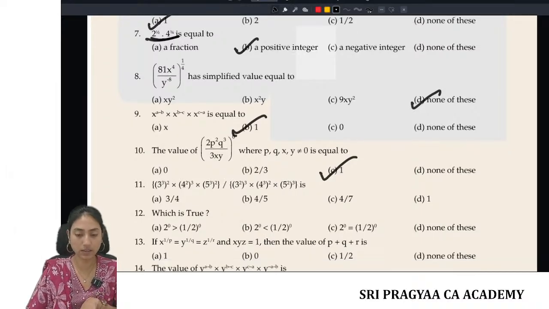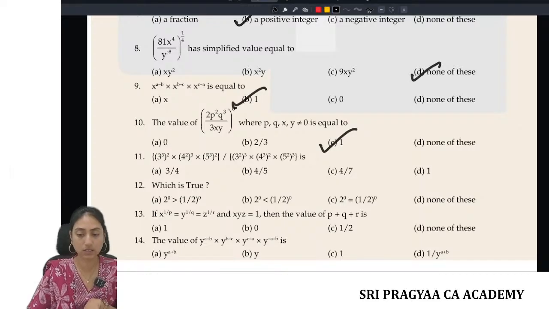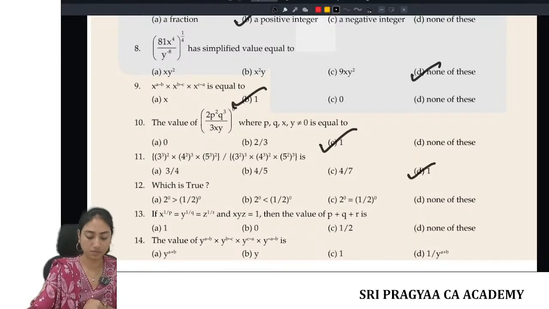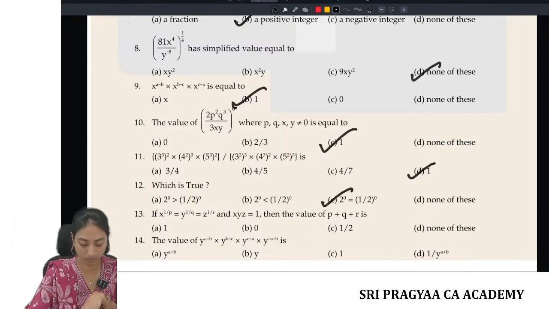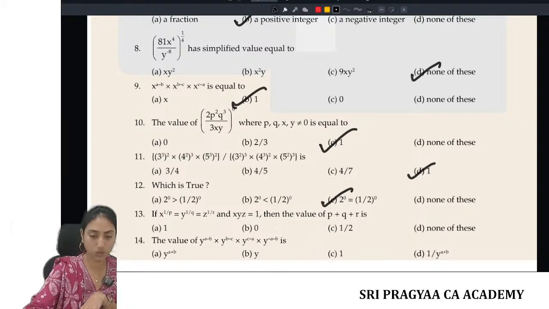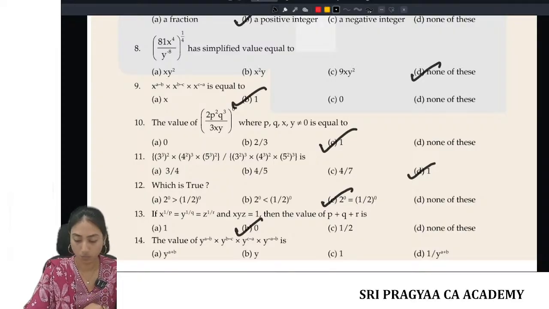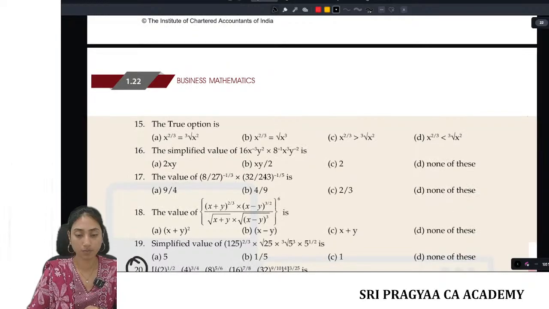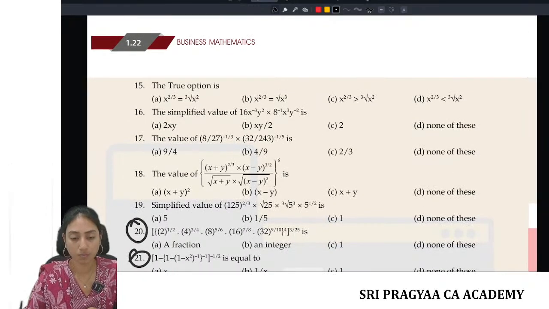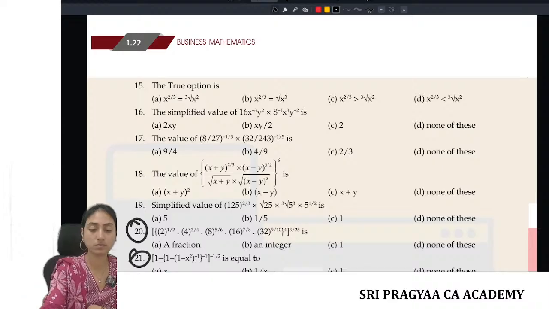Ten is right? 11 is? 0. B. No, okay. This is obviously right, but this cannot be the answer.